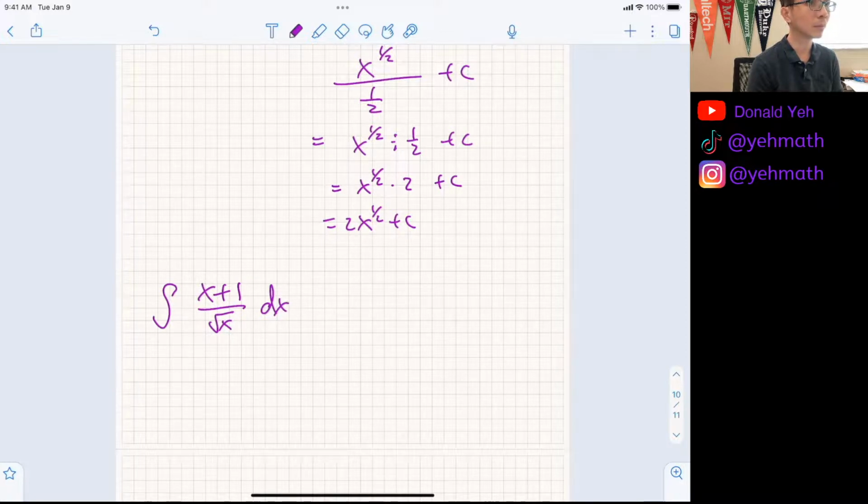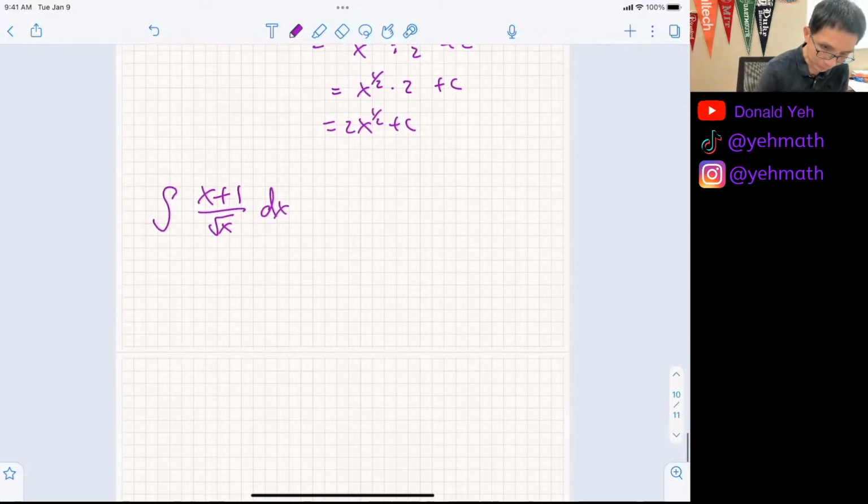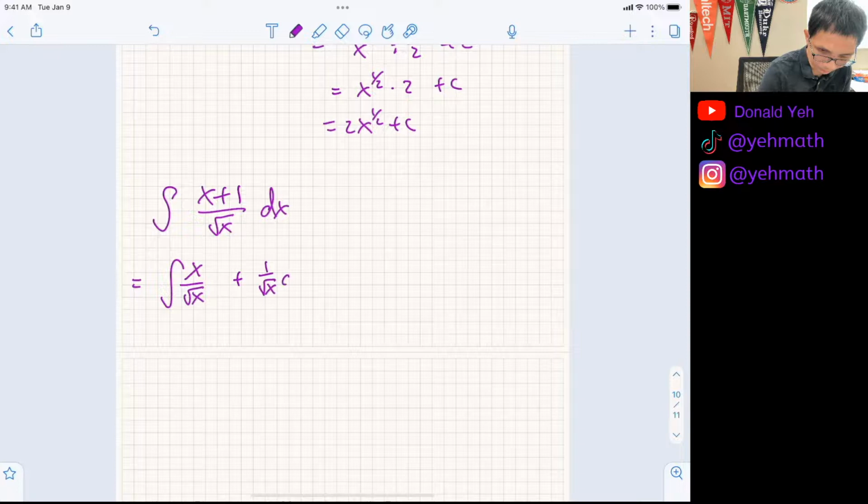So integral that times the root of, you see what I'm saying? Oh.